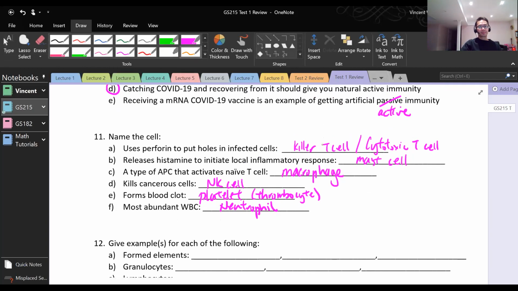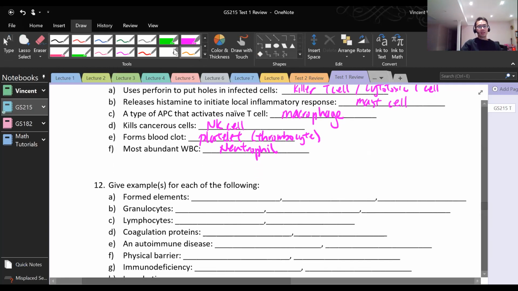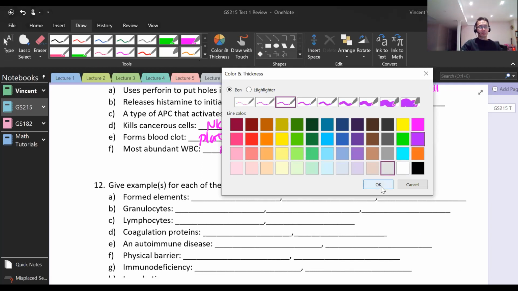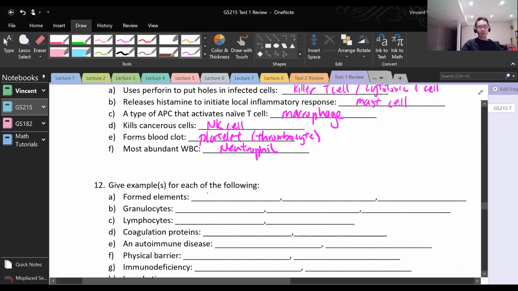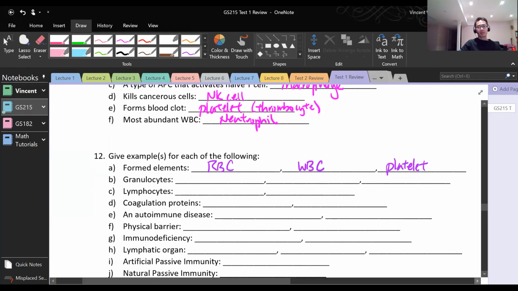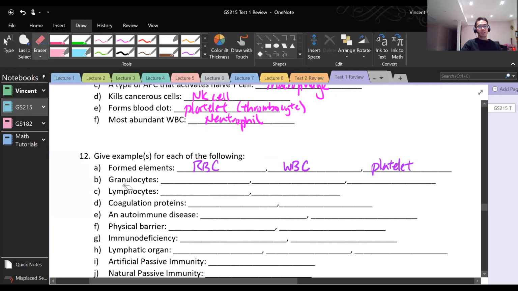All right, moving on. Formed elements include RBC, the erythrocytes, the WBC or leukocytes, and the platelets, the thrombocytes. Granulocytes, we listed them earlier: neutrophils, basophil, eosinophil.